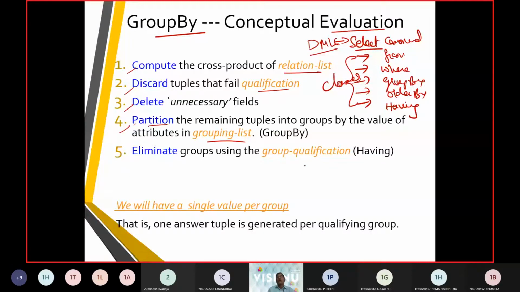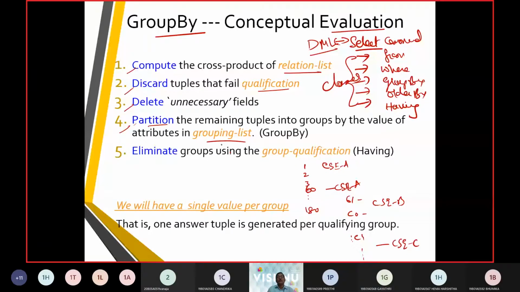Assume I have around 180 students. Then I can say 1 to 60 is CSC A, 61 to 120 is CSC B, and from 121 to the end is CSC C. Now, what is a group here?